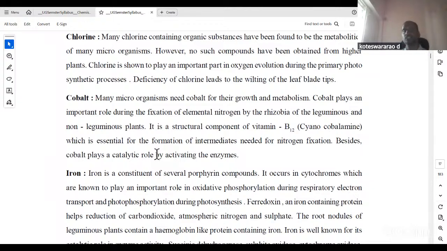It is a structural component of vitamin B12, cyanocobalamin. That vitamin contains cobalt as the metal ion, which is essential for the formation of intermediates needed for nitrogen fixation. Besides, cobalt plays a catalytic role by activating enzymes.